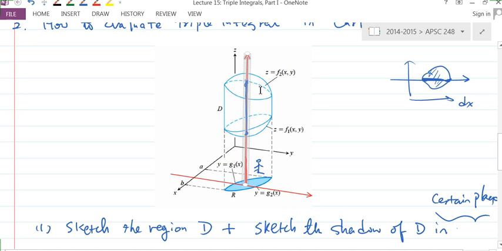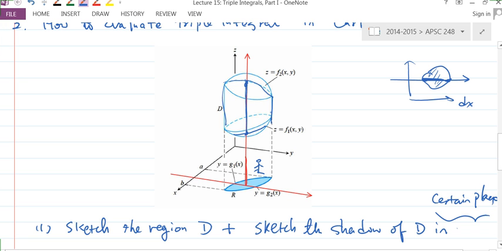So guess what should you have now? After this sweeping from here to here, the first result is a line segment. Then after the second sweep, what do we end up with? Yeah, it's a plane, right? And it's a plane that has to intersect the object, the region D, here.